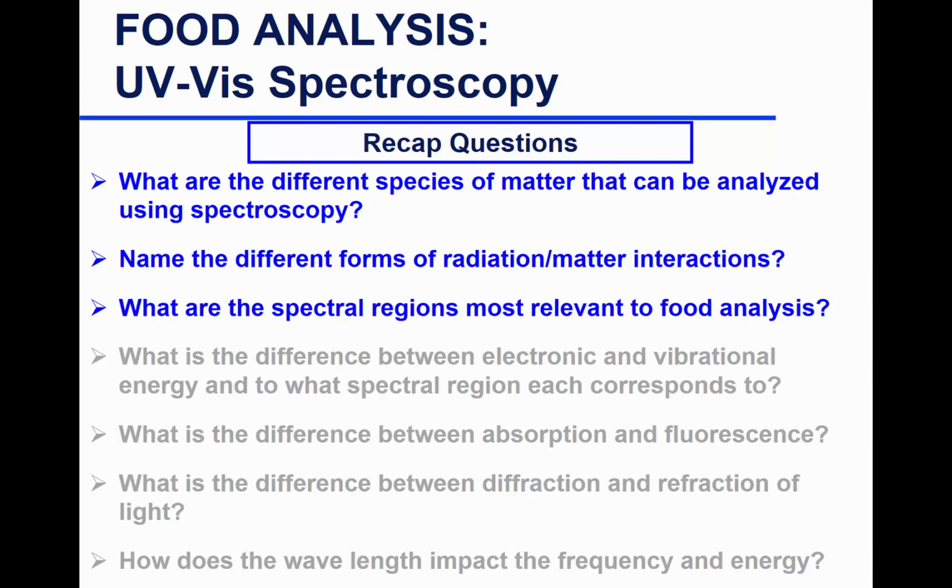What's the difference between electronic and vibrational energy, and to what spectral region does each correspond? Let's answer the first one. Electronic energy is energy of what? What's in the atom that changes energy? From the name, the electrons.